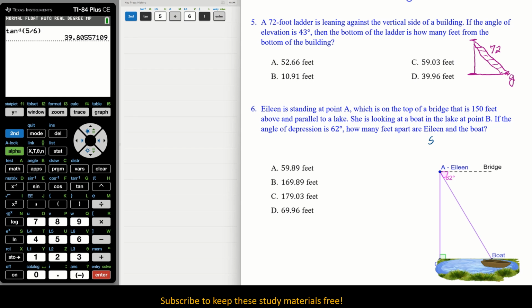If the angle of elevation is 42 degrees, then, okay, elevation means you're going to have the ground looking up. If you're looking up, that's the elevation. So this tells me that we have the 43 here, okay? All right, now, then the bottom of the ladder is how many feet from the building?